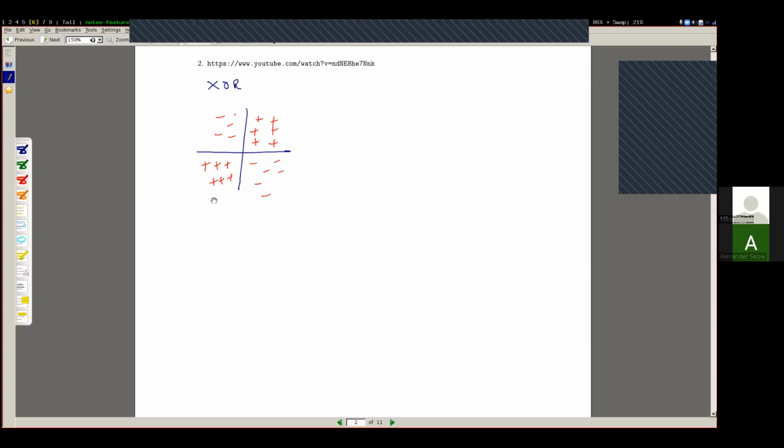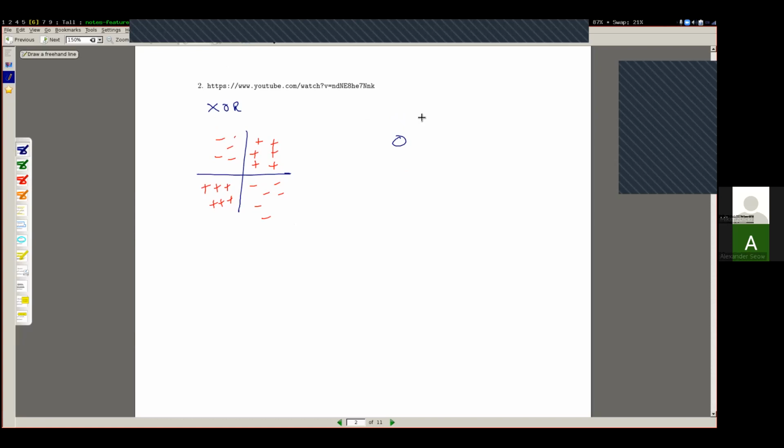Again, there's no individual line that you can draw that is going to separate these things out from each other. But if you use a feature map, closely related to the other one but a little bit simpler even, of just x1 times x2, that's supposed to be multiplication, not a semicolon, then you'll be able to separate these things out from each other.